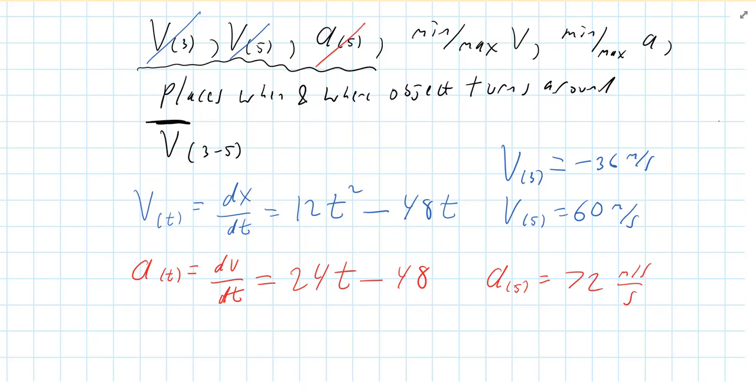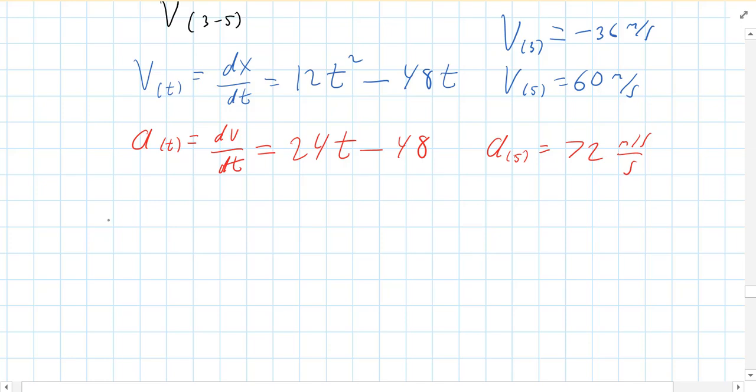Okay. The next question asks for the min or max velocity, as appropriate. I'm going to talk about this in two ways. If you are at a min or max velocity, in physics, we say your acceleration is 0.